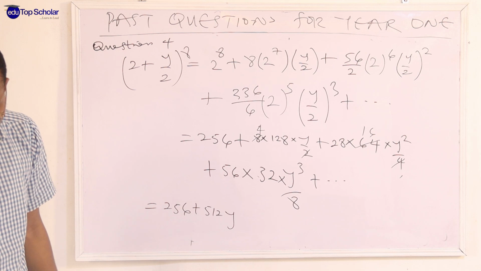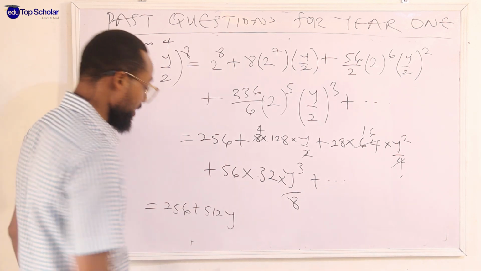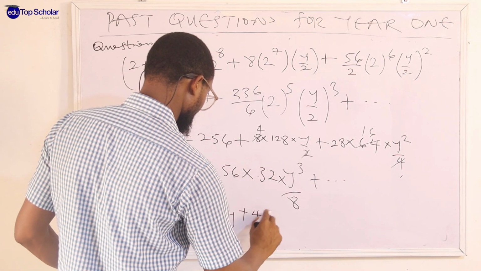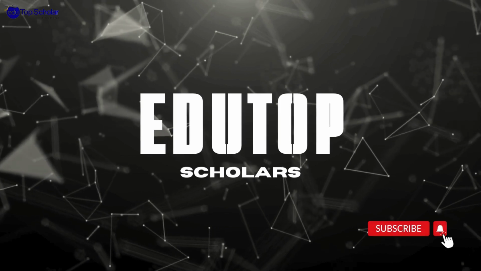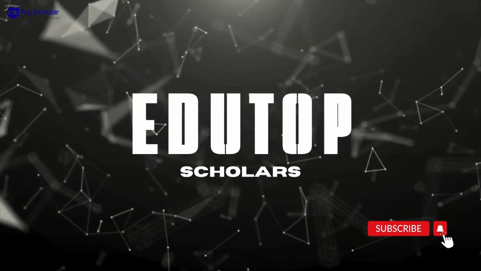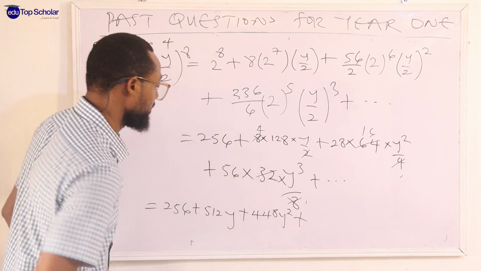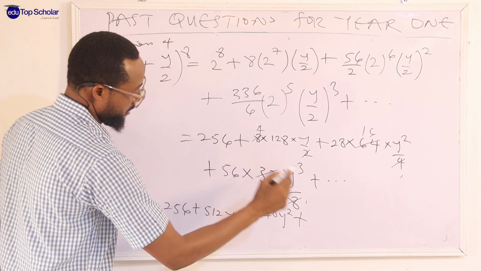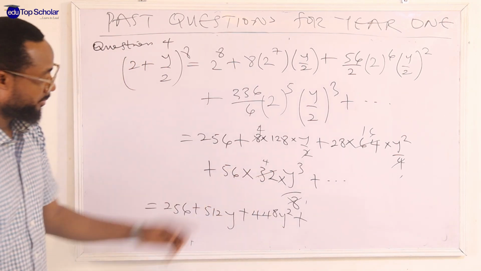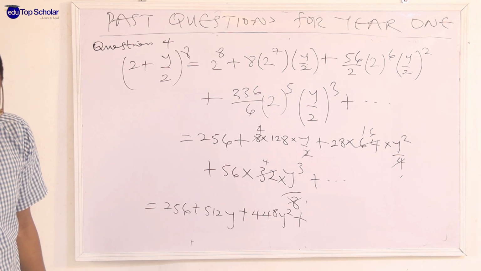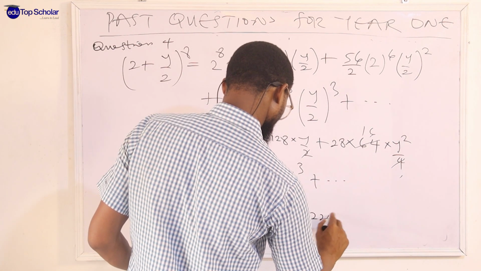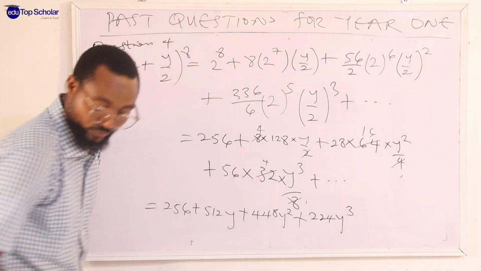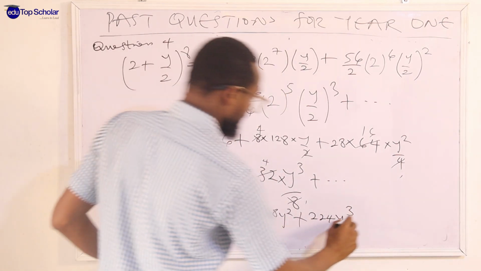So we have 448 y square plus 448 y square plus the next one now will be 56 by, okay, 8 here, 1, 8 and 32, I think that should be 4 by 56. We have 224 y cube, and so on like that.